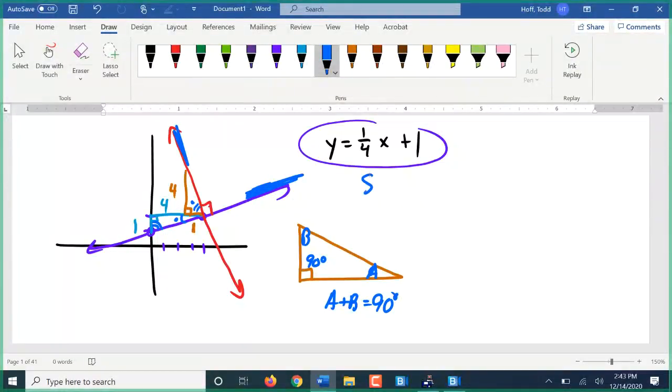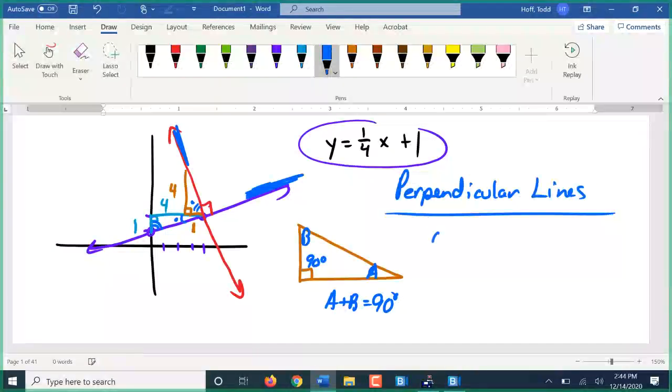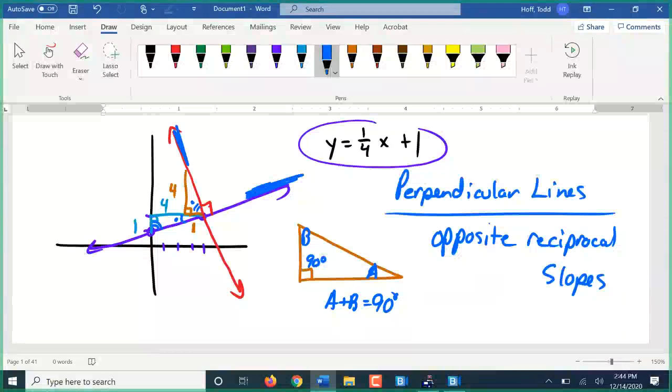So perpendiculars have opposite reciprocal slopes. So this line here would have a slope of negative 4 over 1 instead of a positive 1/4.